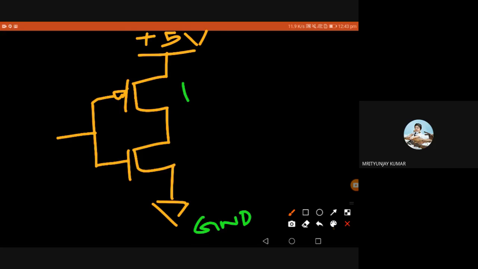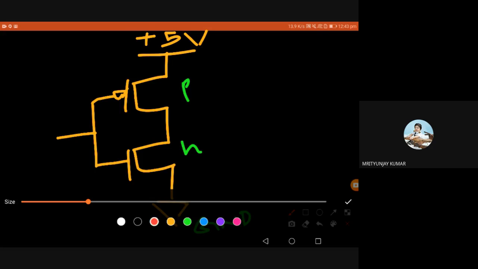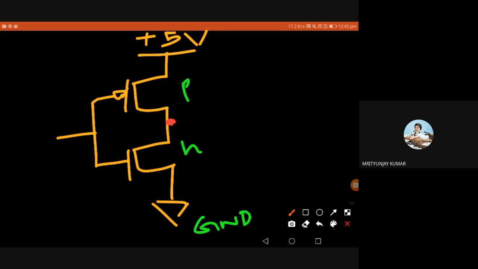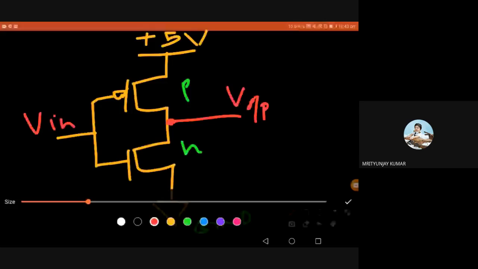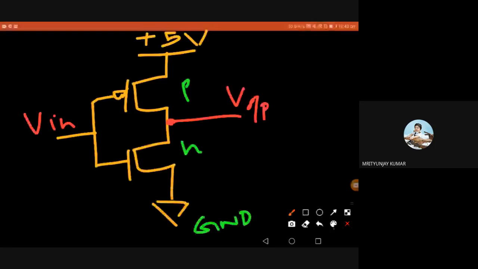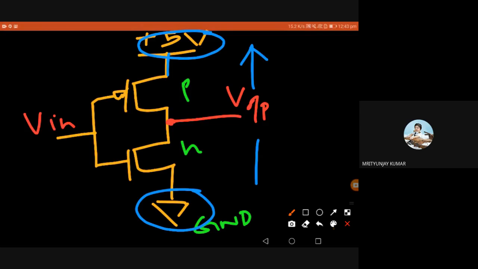This is complementary because PMOS and NMOS are connected back to back, and the output is taken from the joint center portion. This is Vin, this is Vout. Clear? PMOS is the pull-up network because it is connected to plus 5 volt, so it tries to push Vout to high voltage. NMOS is connected to ground, so it always tries to push Vout to ground whenever possible.